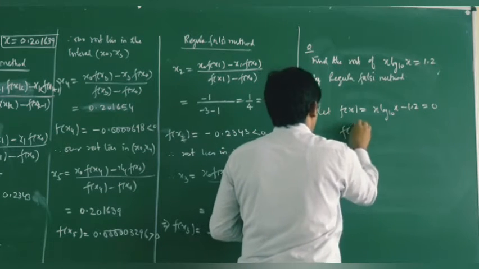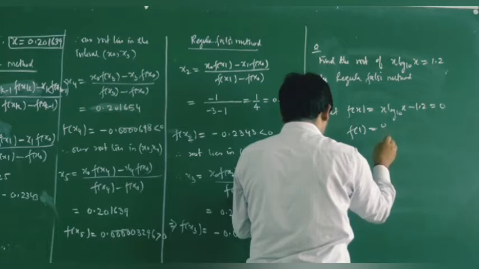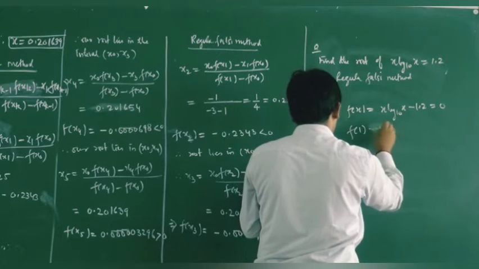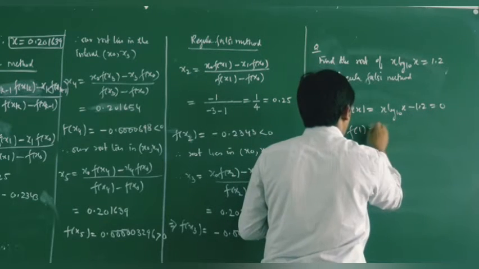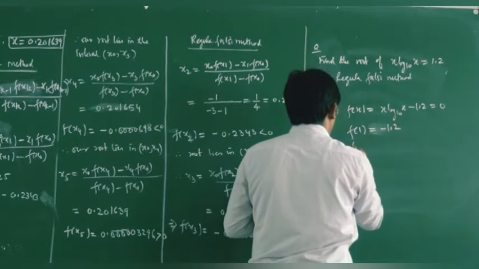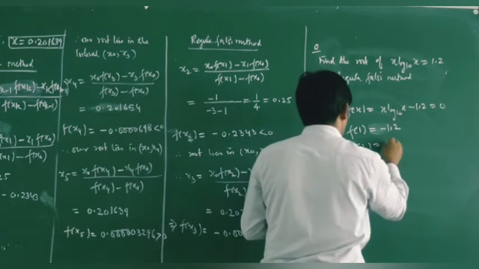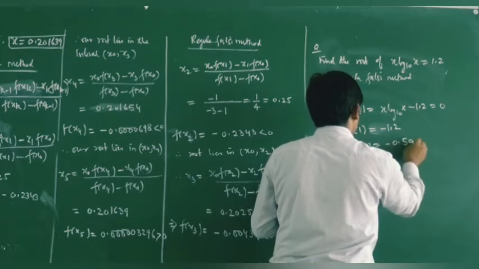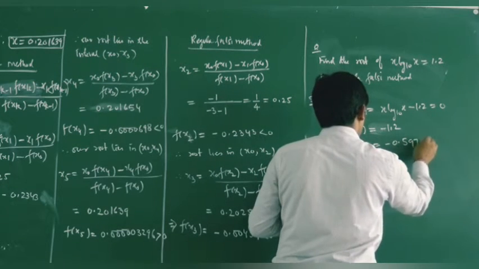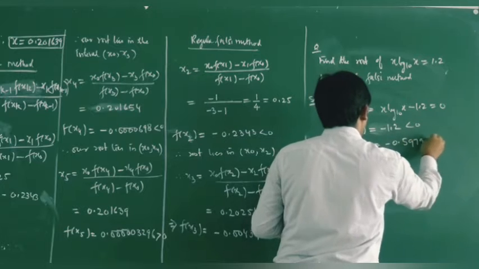So if you put x equal to 1, then we have minus 1.2. Now if you put x equal to 2, then this is again minus 0.5979. This is negative, again we have negative.